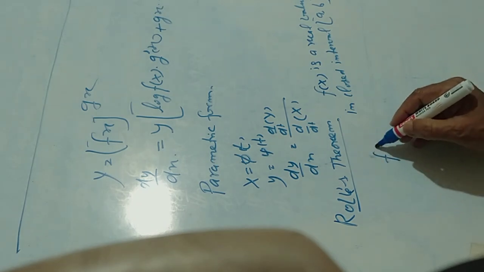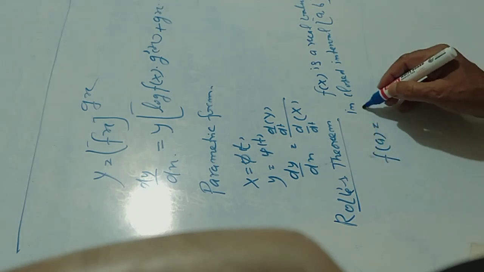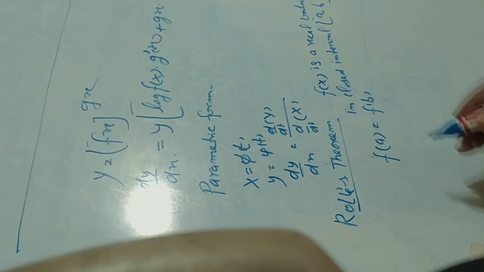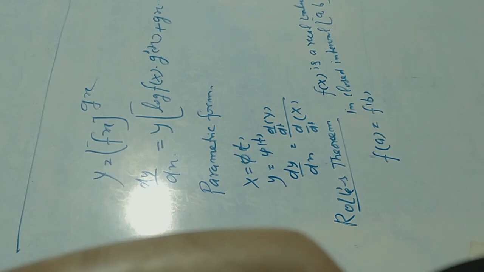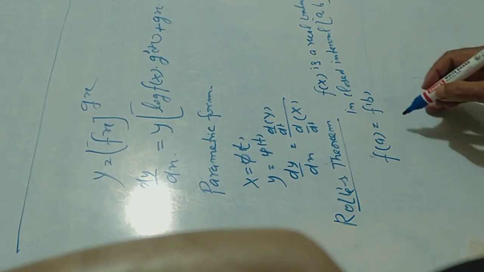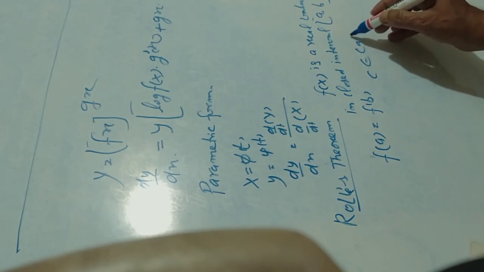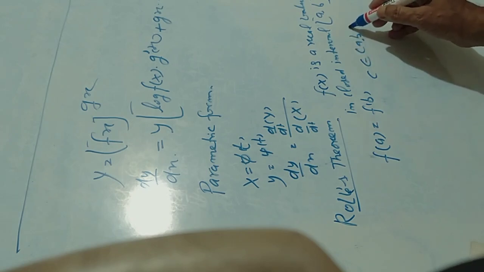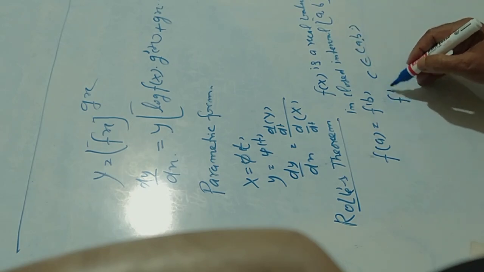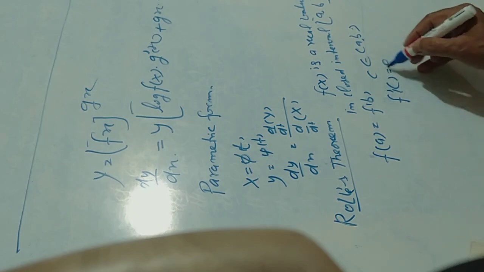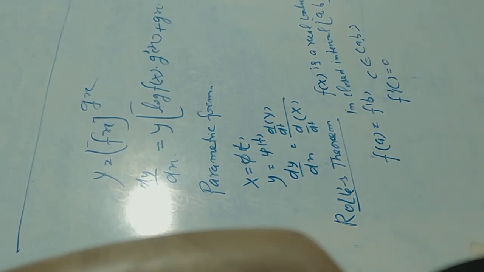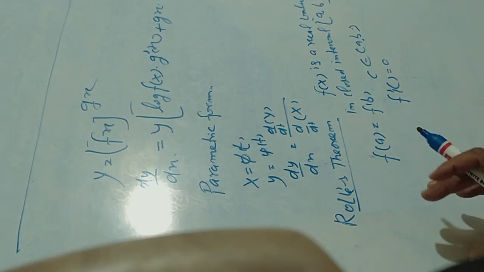Then there exists at least one c belonging to the open interval (a, b) such that f'(c) is equal to 0, right? So this is Rolle's theorem.